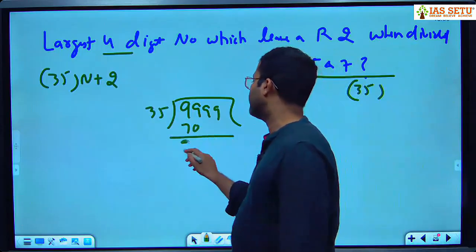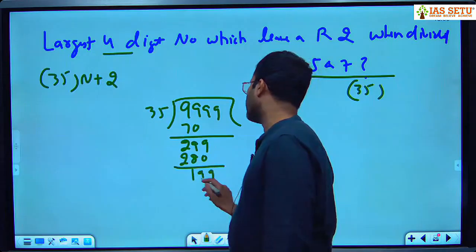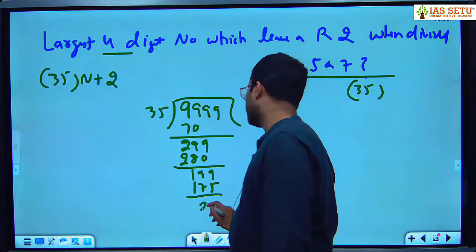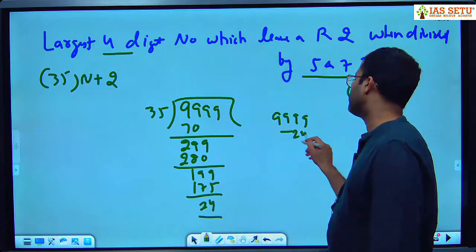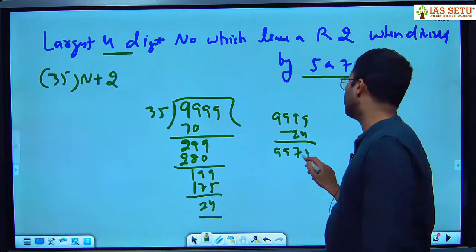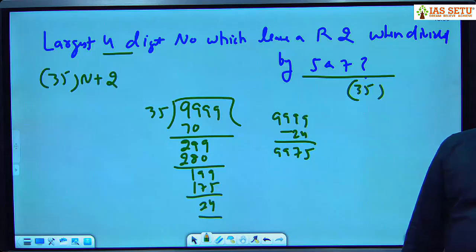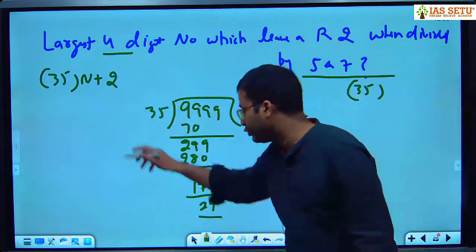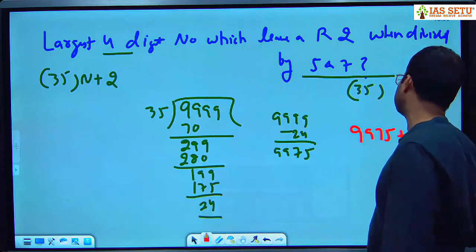35 to the 70, 299, 280, 199, 175, 24. So it is double line. इसमें से 24 गया, 9975, which is an exact multiple of 35, which is divisible by 5 and 7. But we need remainder 2. The last step here is you add 2 in this value.